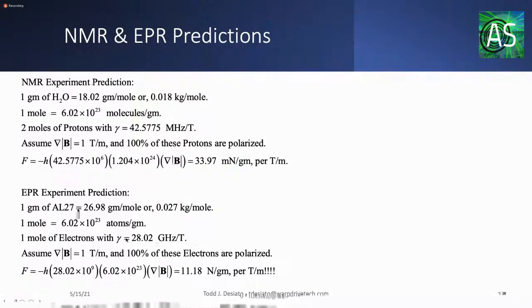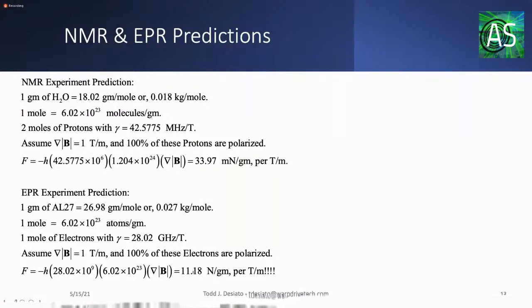So I've run through the preliminary calculation for nuclear magnetic resonance on a gram of water. It's 18 grams per mole. So one mole of water is 6.02 times 10 to the 23 molecules, that's Avogadro's number. And that would contain 2 moles of protons, which resonate at 42.5775 megahertz per Tesla.